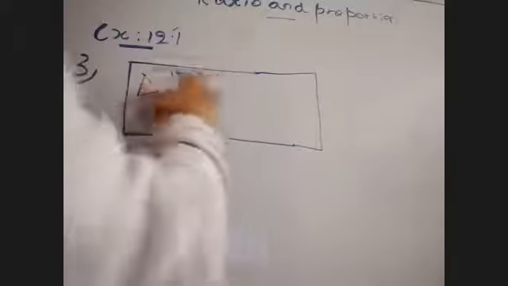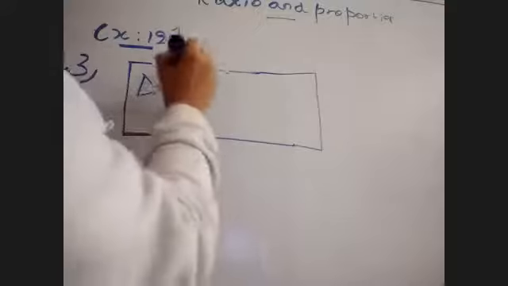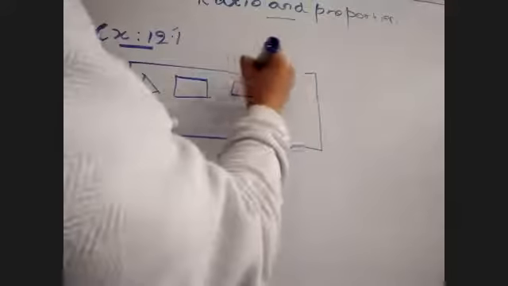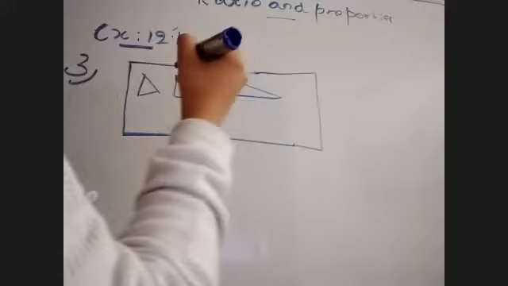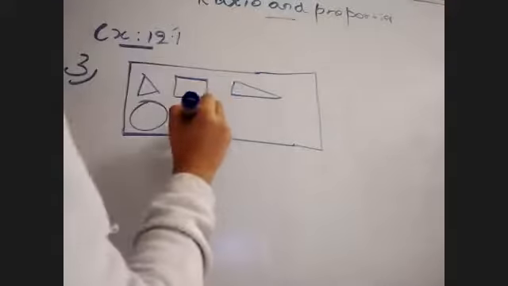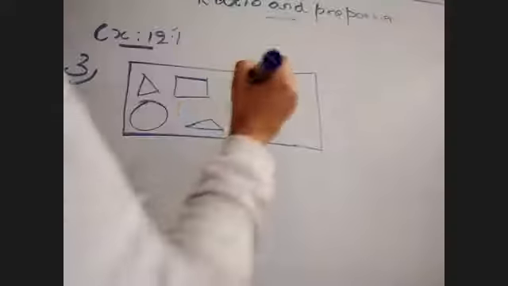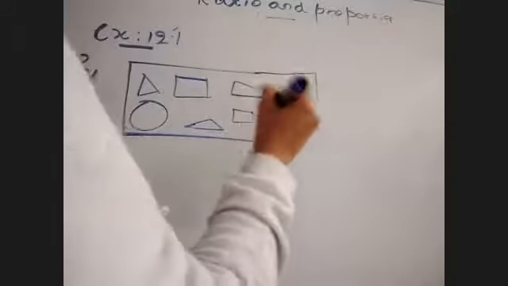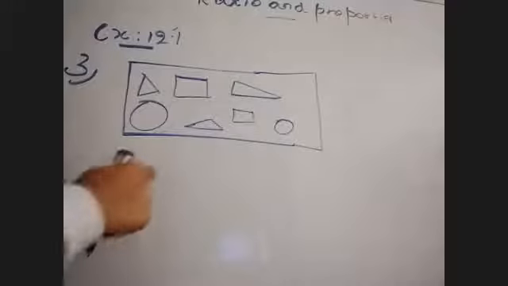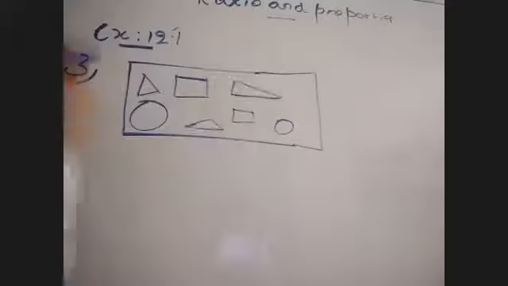This is a square, another square, and then a triangle. Let's do the circle, and another type of triangle. And then almost one square and a circle.